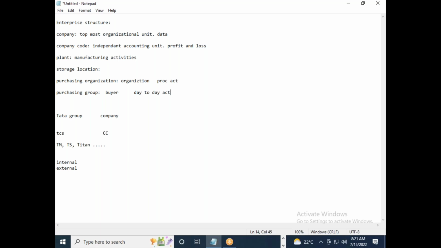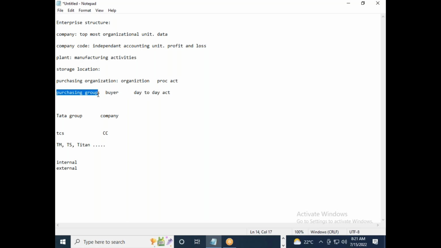What those people are going to do is they will be trying to do some activities in SAP. They don't know anything about SAP or about material management. They will be just trying to create those documents. Whatever activities the SAP end users are doing, those activities are going to be monitored by the purchasing group people.